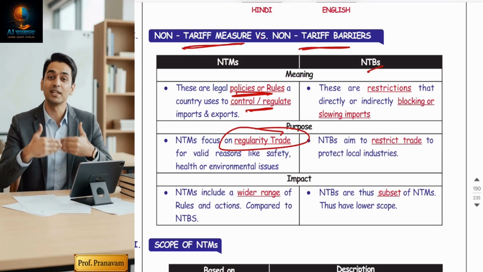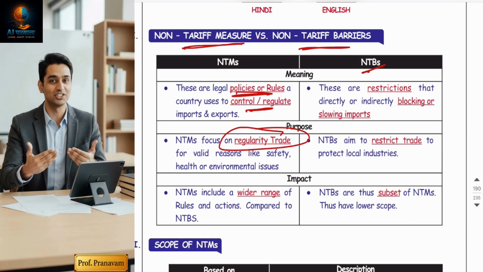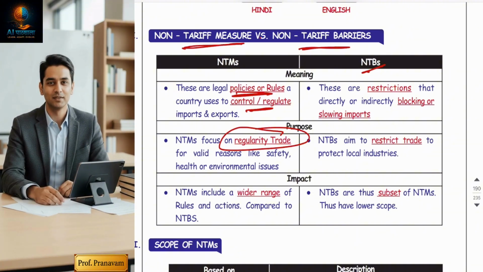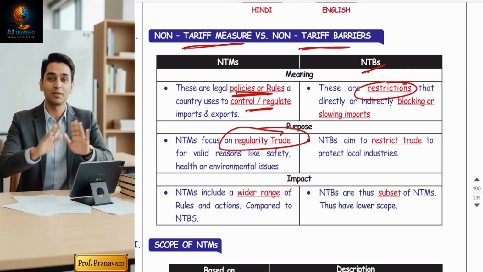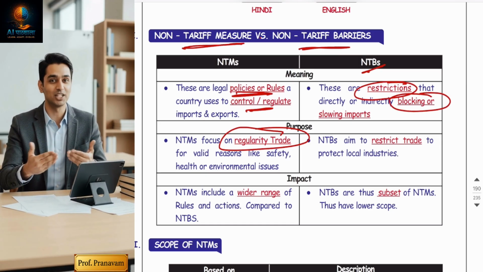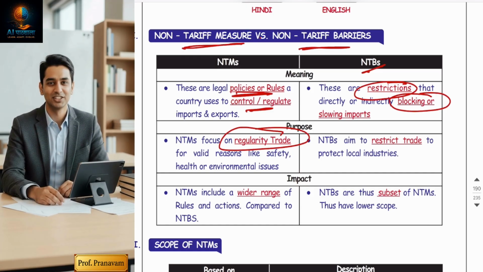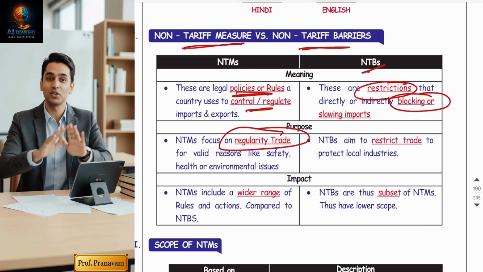Now let us understand what are non-tariff barriers. Guys, non-tariff barriers are actually a part of non-tariff measures only, but whose main intention is to restrict or block the trade or slow down the imports. The purpose is clear: to protect domestic industries and reduce foreign competition.